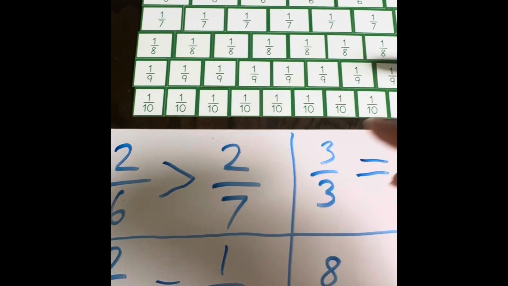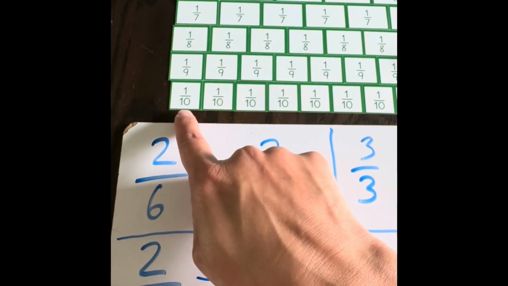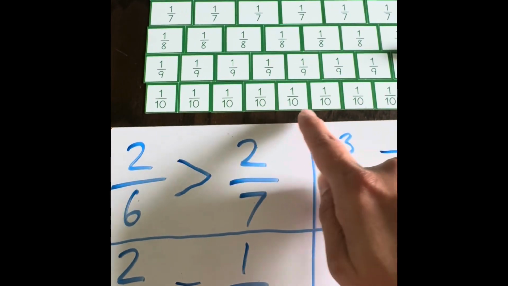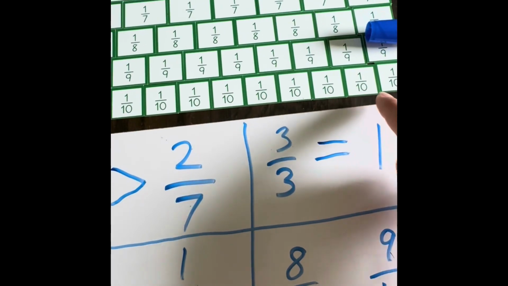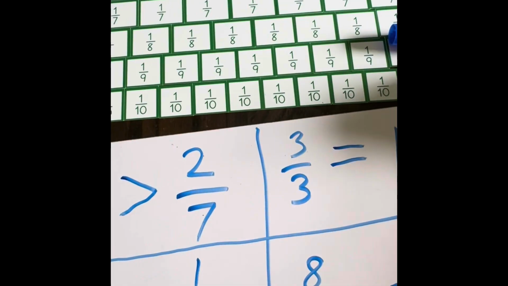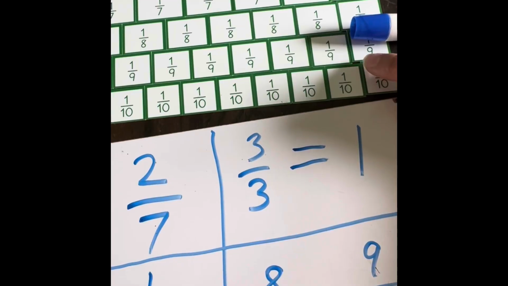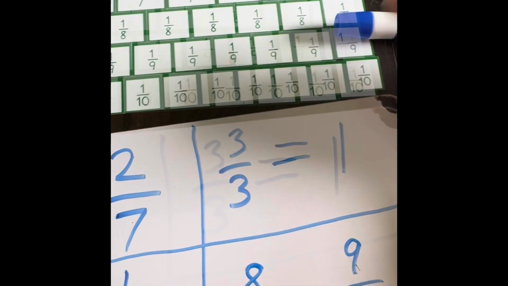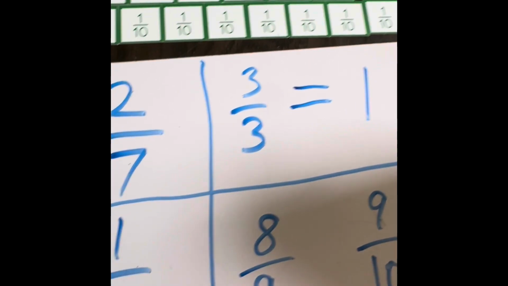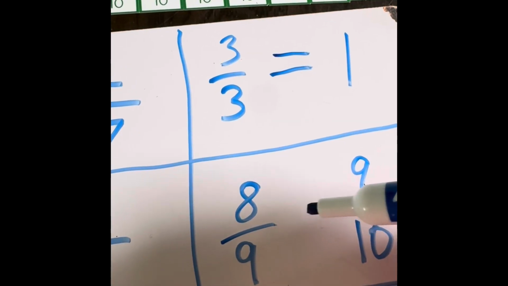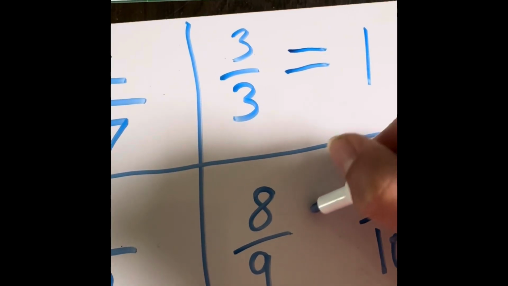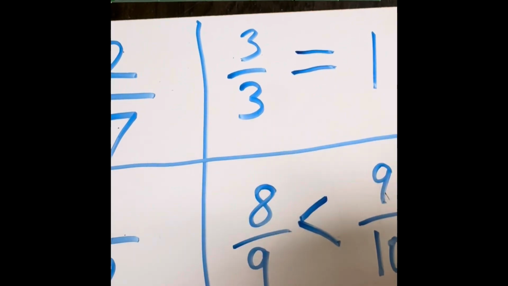And then we need 9/10. 1, 2, 3, 4, 5, 6, 7, 8, 9/10. This is the edge of 9/10. And we can see that 8/9 is less than 9/10. So we'll go ahead and write the less than symbol here. 8/9 is less than 9/10.